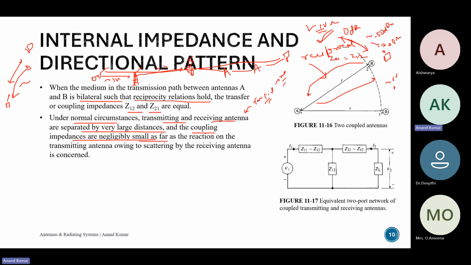The reaction on the transmitting antenna owing to the scattering by the receiving antenna is negligible. For example, your Wi-Fi router is sending out 0 dBm, and in the best case scenario your laptop is receiving minus 40 dBm.